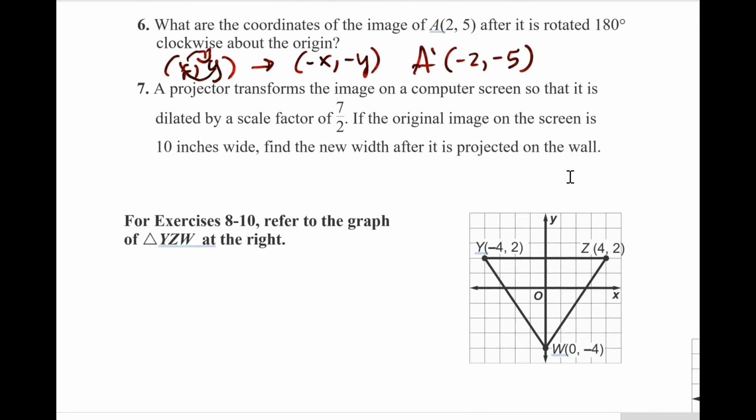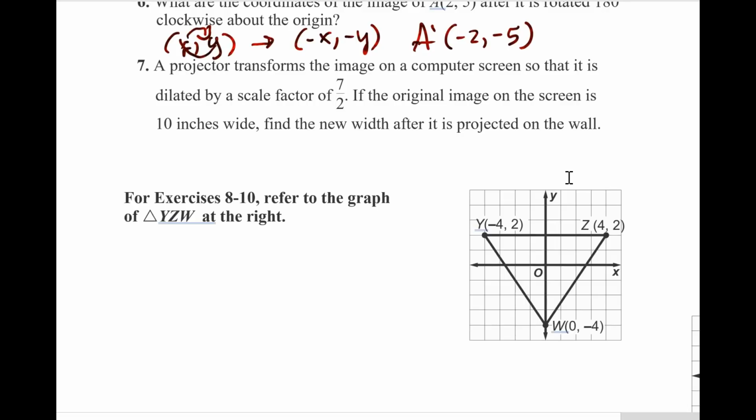A projector transforms the image on a computer screen so that it is dilated by a scale factor of 7/2. This number is greater than 1. It's a fraction, but it's greater than 1, so this is going to be an enlargement. If the original image on the screen is 10 inches wide, find the new width after it is projected on the wall.